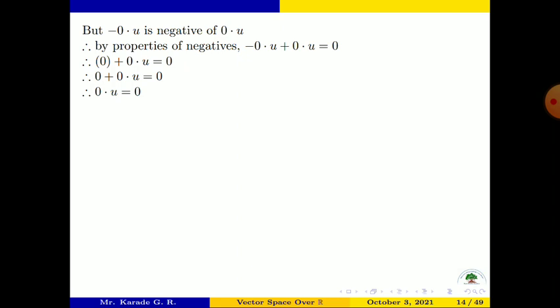So 0 into u equal to 0 means the number 0 times vector u gives the zero vector. Thus we have proved that 0 into u is equal to the zero vector, and it is true for all u in a vector space V.